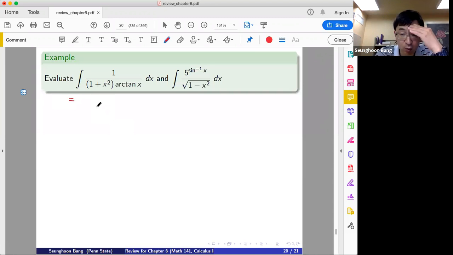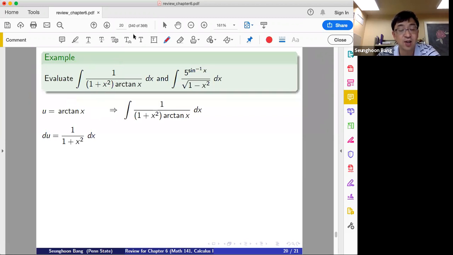Use u? Yes. What is u? Yes, arctangent, because arctangent prime is 1 over 1 plus x squared. The 1 over 1 plus x squared is in the integral. This is the idea. u is arctangent x. The du is the arctangent prime, 1 over 1 plus x squared dx.